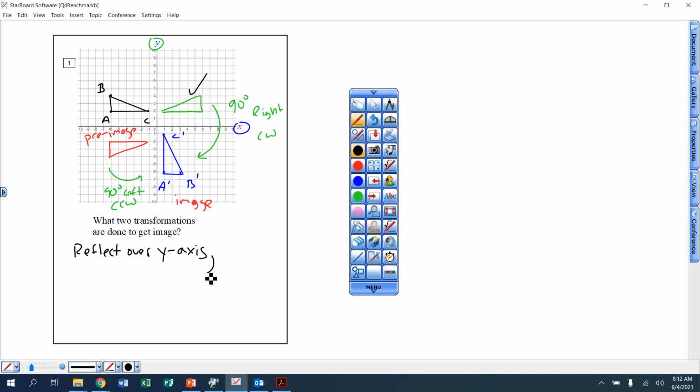And then rotate 90 degrees clockwise. That's exactly what I would write. If I did the other one, I would say reflect over the x-axis first, but then rotate 90 degrees counterclockwise. So pick one.